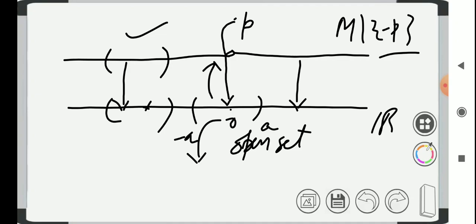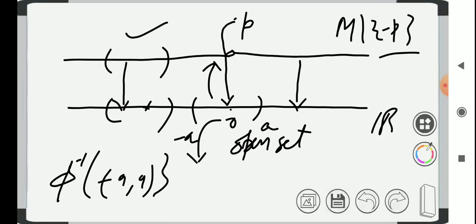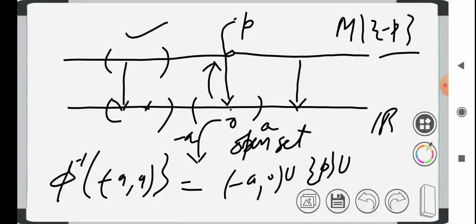Its inverse image, phi inverse of (minus a, a), will clearly be (minus a, 0) union p union (0, a), which is clearly open in the topology we defined on this set M, as it was a basis member, and you know that basis members are always open. Therefore the inverse image of this set is open as well.